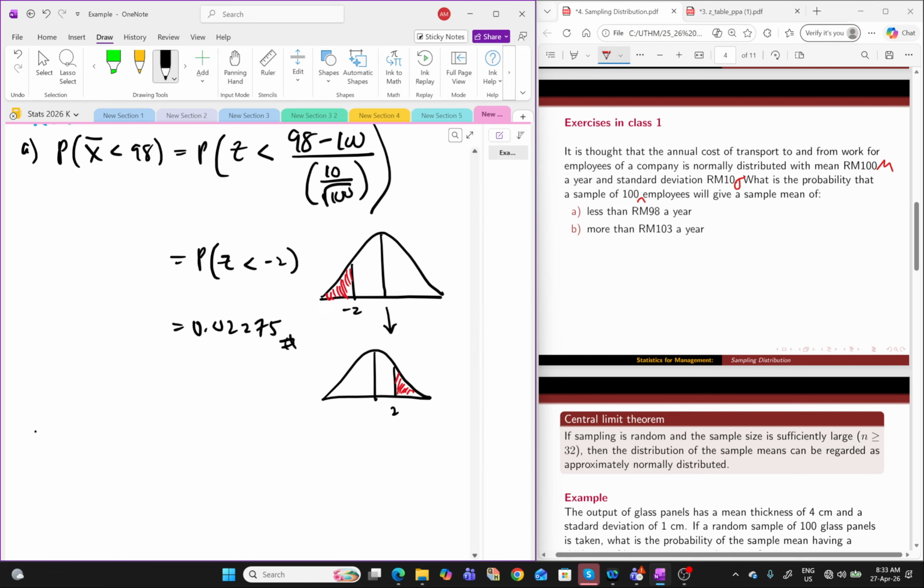For B now, I give you some time, you guys try this same method. X bar greater than, the mean is greater than 103. Okay, do the same method, let me know what is the answer.